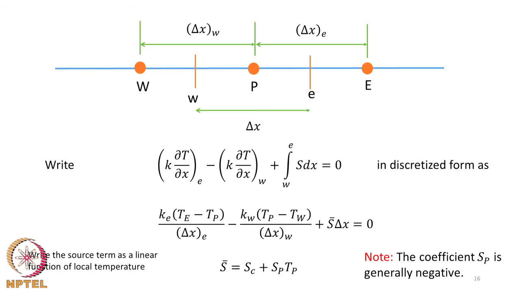We have discussed this briefly in one of the lessons earlier, and here we are seeing the reason why we need it. And usually you have Sp having a negative value, so that the temperature evaluation will be stable, and we would see that it is helping in one of the 4 rules that we will be talking about for the coefficients of the discretized equation that we are writing.